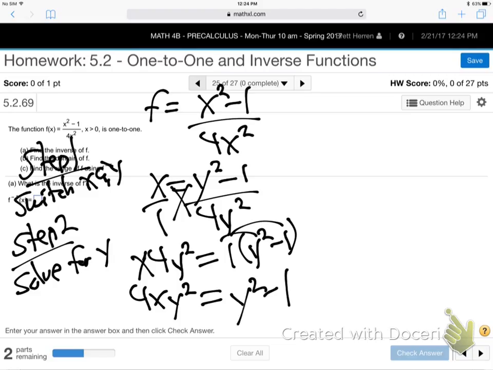We good to there. What are we trying to solve for? Trying to get y alone. So what do we do? It's in two locations. Here we are again, right? The thing we're trying to solve for, y, is in two locations. So get them on the same side, factor out the y squared, and divide.